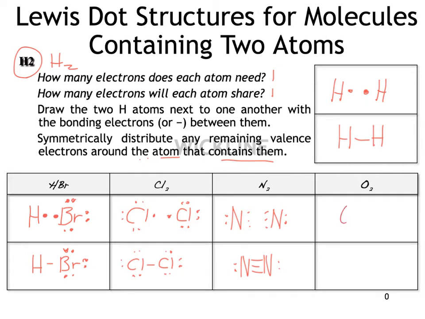But think about how many bonds you think it should have, and why. Okay, so here are my 2 oxygen atoms. They're in group 16, which means they have 6 valence electrons, and each one needs to gain 2 electrons, and that's also the number of electrons that each will share. So if each of them shares 2 electrons, then what you have is a double bond in between those 2 atoms.